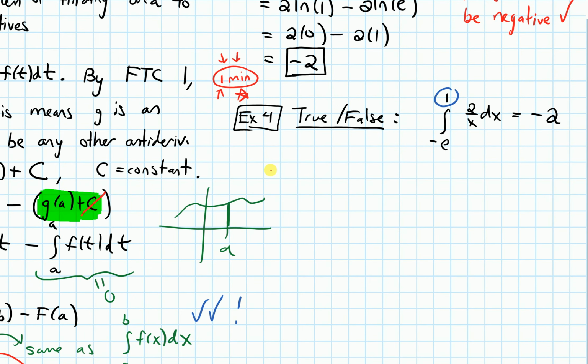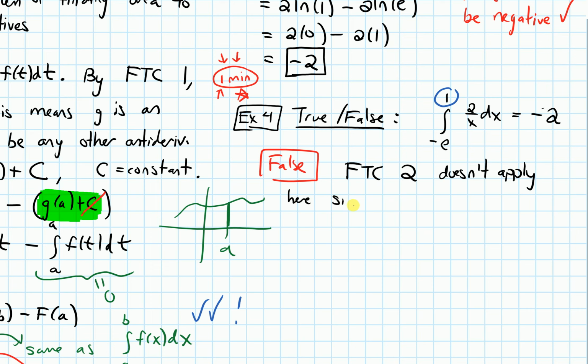So as a result, this statement is going to be false, because FTC Part 2, which is what we'd need to be able to say that this answer is -2, doesn't apply here, since our function f of x equals 2 over x is not continuous on the interval here from -e to 1.